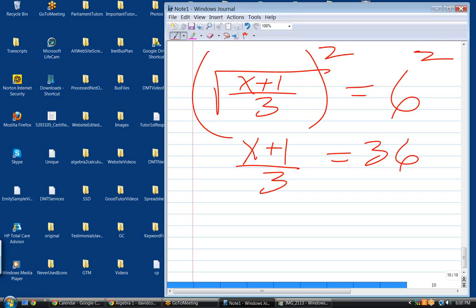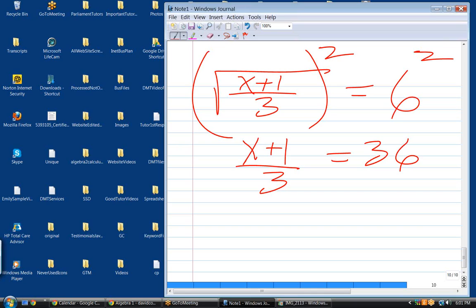We want to isolate x, right? We have to do 2 things to the left side to isolate x. What's the first one? Get rid of the denominator. Always get rid of denominators, not add 3.